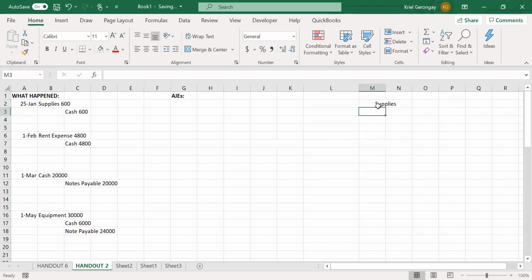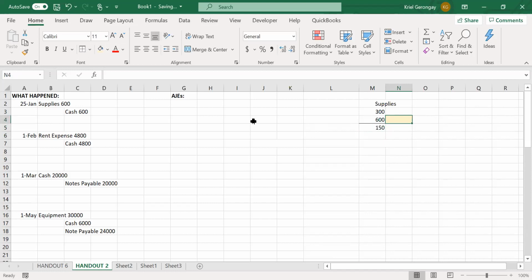To recognize the supplies that were used in 2020, we have to account for the beginning balance, which is 300, and the amount purchased, which is 600, as well as the ending balance, which is 150, to get the amount of supplies used.